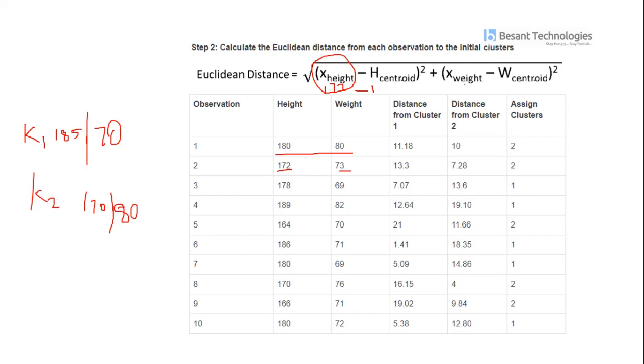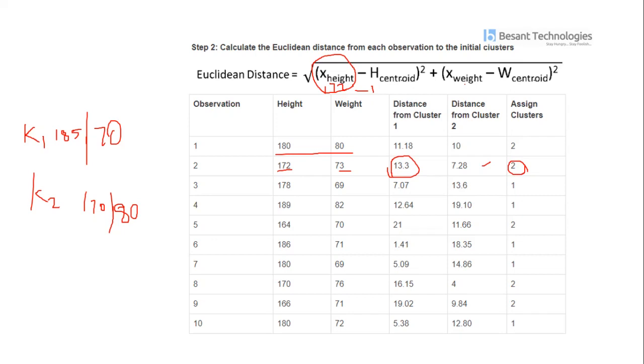Applying this, the total value for k1 is 13.3 and for k2 it is 7.28. So the nearest distance for this data point is 7.28, so it belongs to cluster 2.